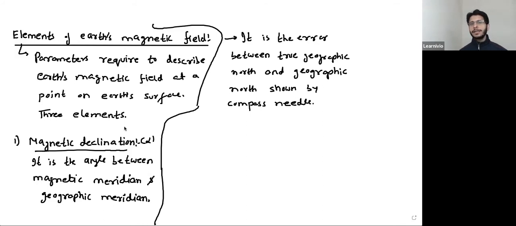So this is magnetic declination basically. The angle between the true geographic north and the geographic north shown by the compass needle. That's magnetic declination.